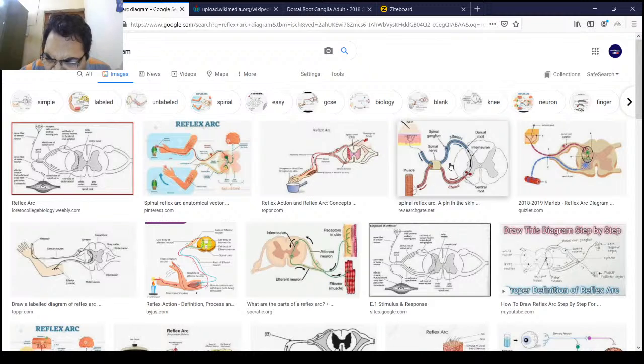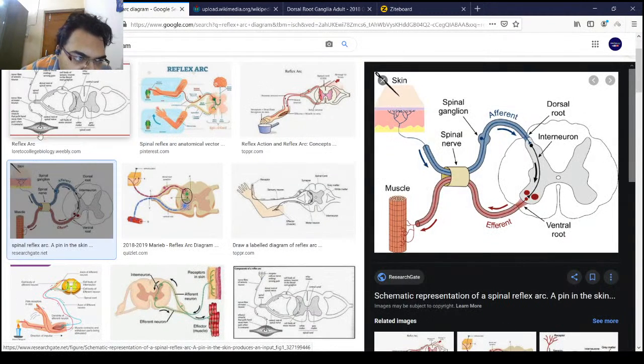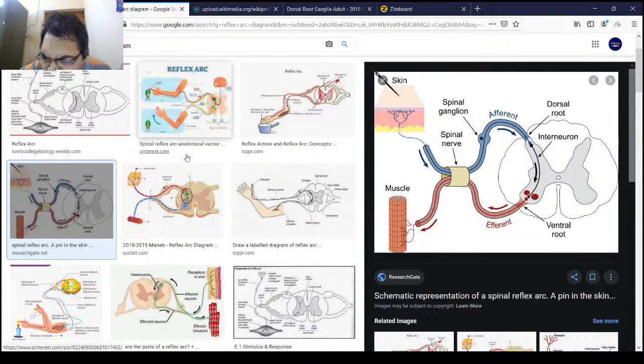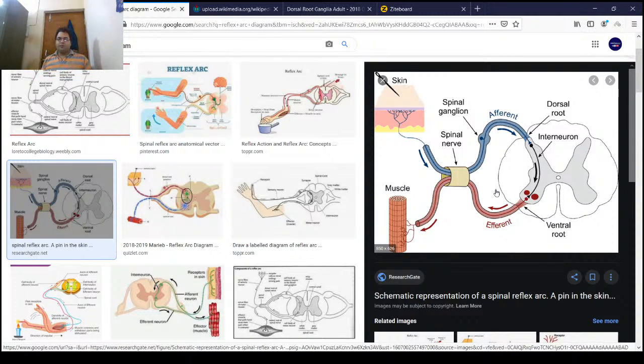This is also a good diagram. You can see this diagram. So this is one of the best diagrams of reflex action.